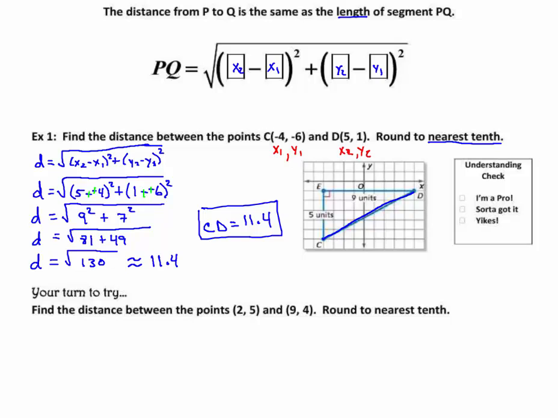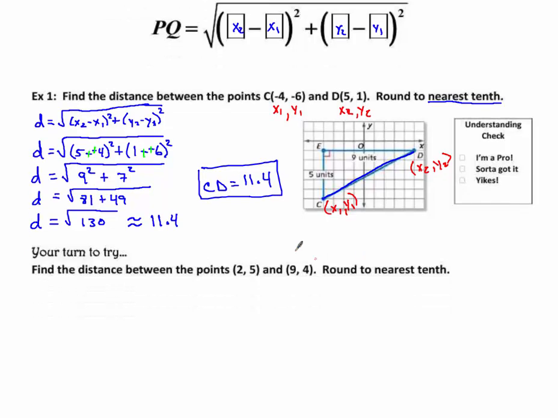Remember, the key to this is just recognizing our x1 and our y1 and our x2 and our y2. We just need to find those values and put them in the formula. So we got one more to try. If you want to pause it, give it a try yourself, go ahead and do that.